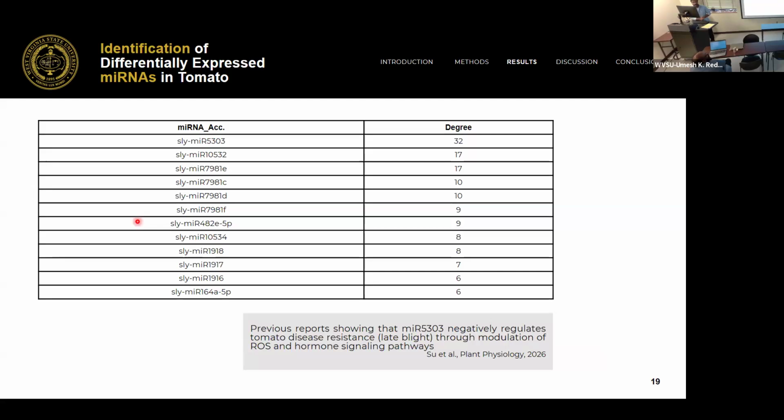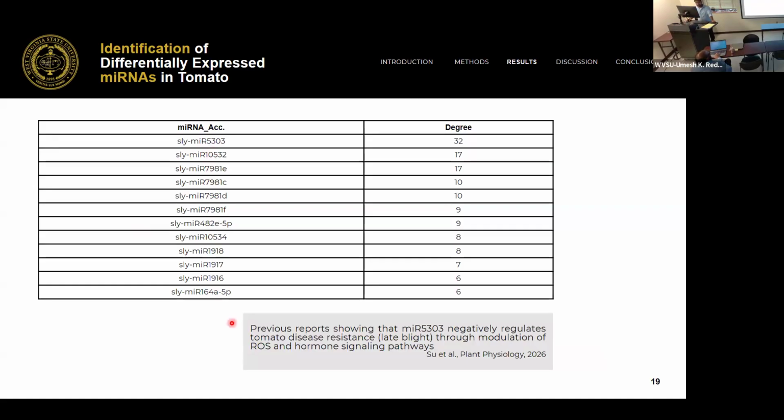Now, coming to this table, it is a basic table that showcases various microRNAs and their degrees, basically how many targets there are for each particular microRNA. Among these 10, the first one, microRNA 5303, stands out clearly.